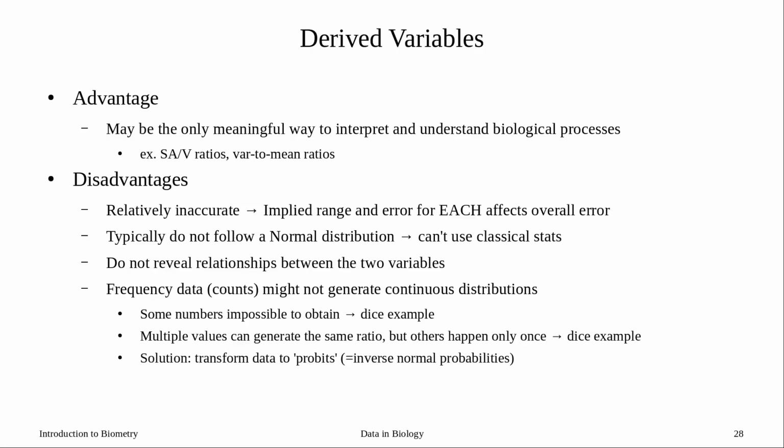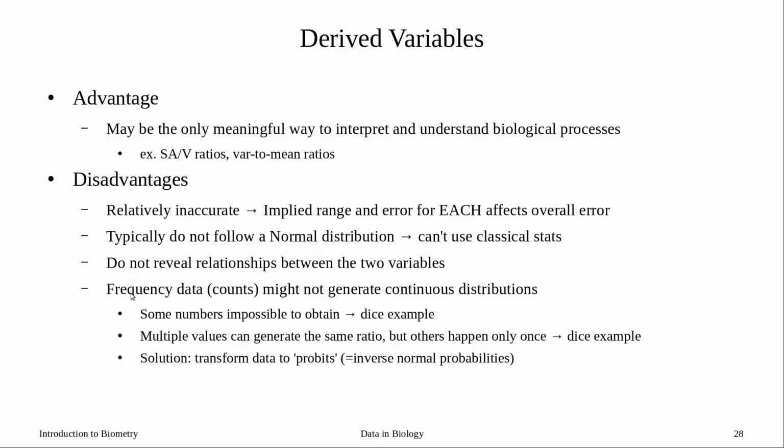So we don't know if surface area increases as volume increases, or if maybe surface area increases faster than the volume increases. Oftentimes it's better just to work with the individual variables themselves.